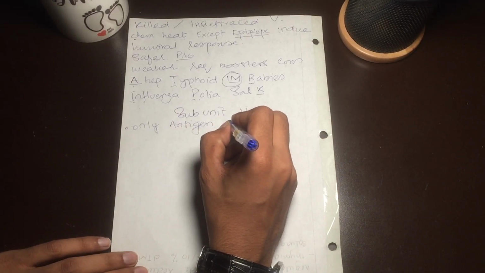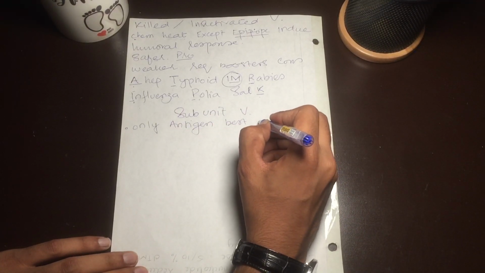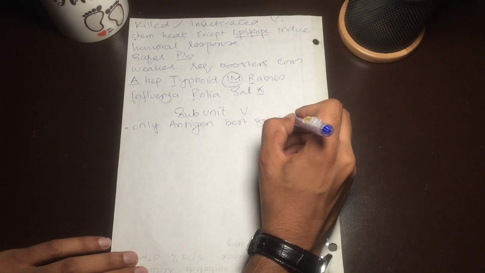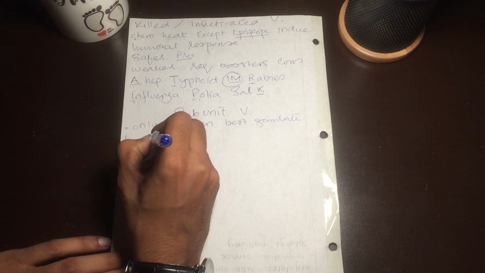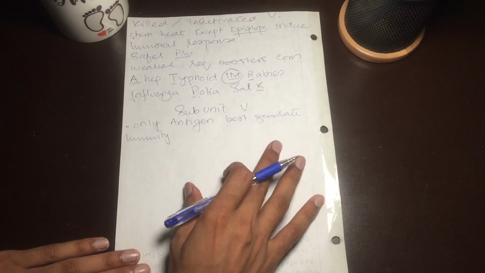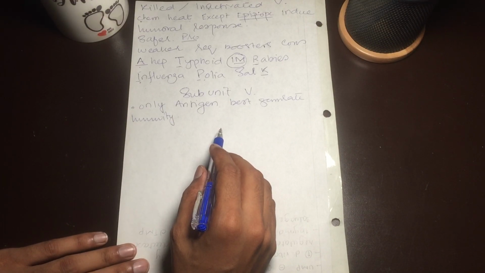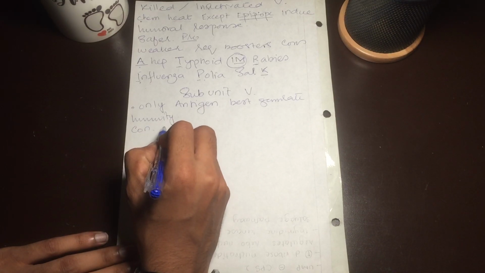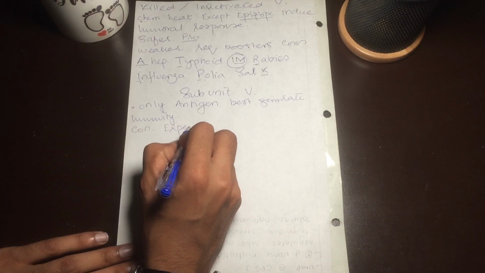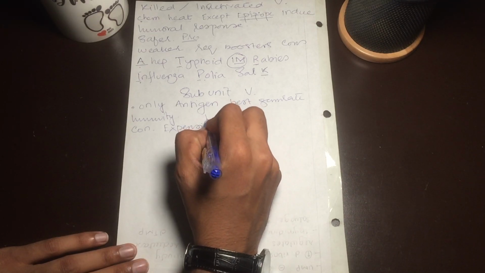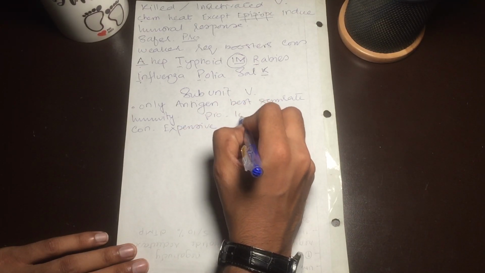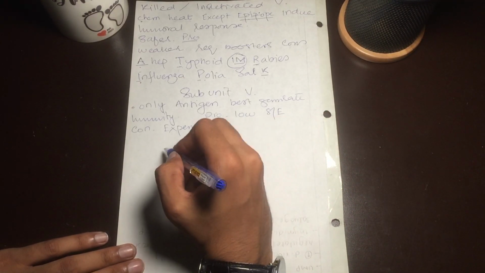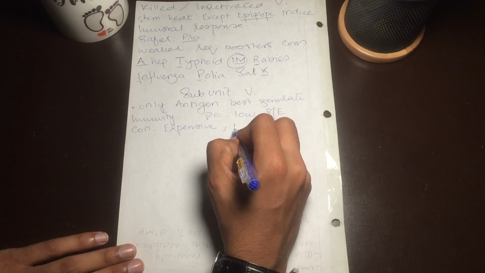So this antigen can best generate immunity. In the subunit category, its con is it's expensive, but the pro is it has low side effects. So it's expensive, and we also need boosters.